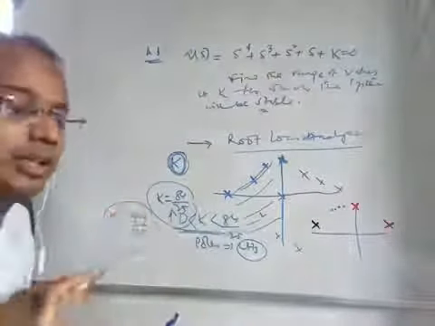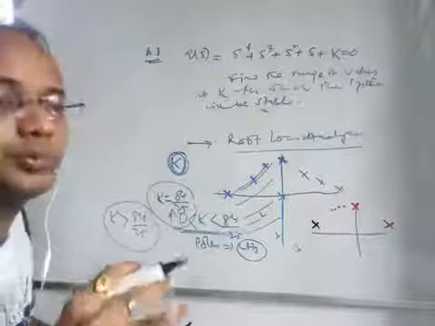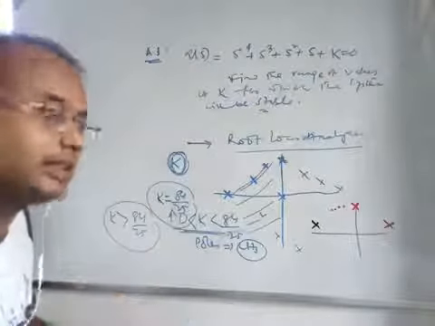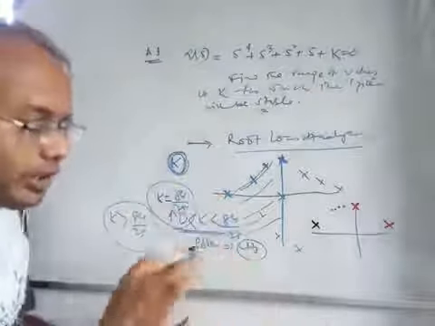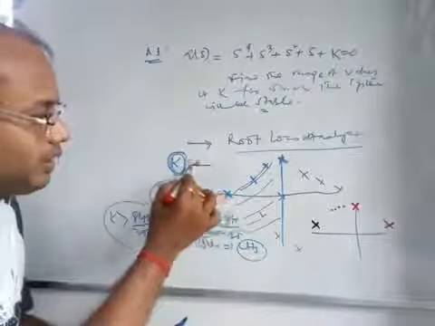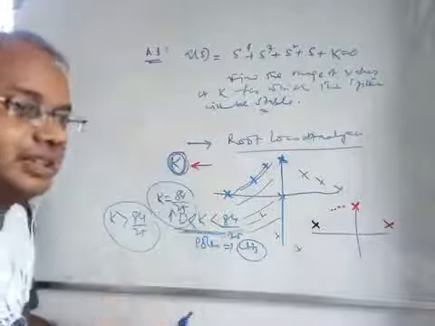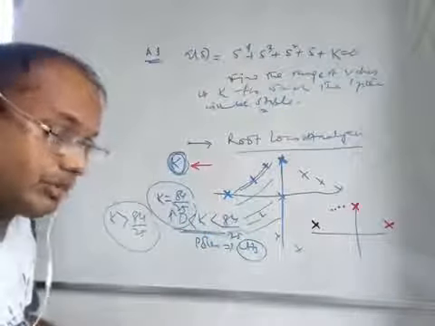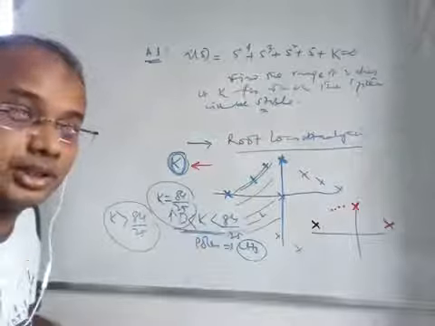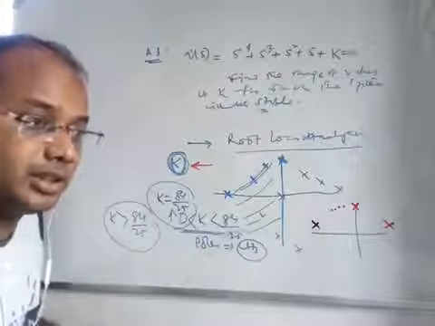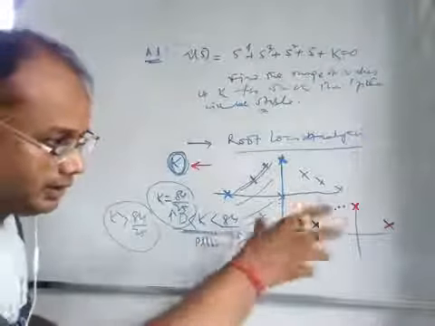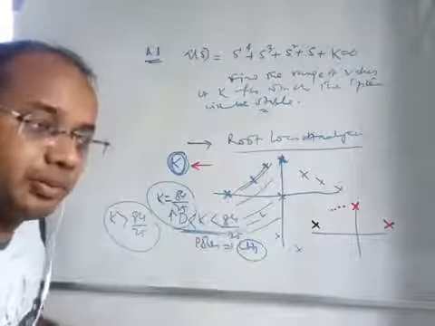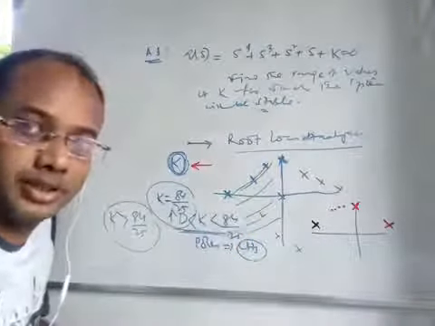There may be movement, and how this movement is done, and how poles are shifted from one position to another by varying the gain k, is a very important method for designing any control system. That is a very classical method discovered by Evans. So this analysis plays a very important role for control system engineers.